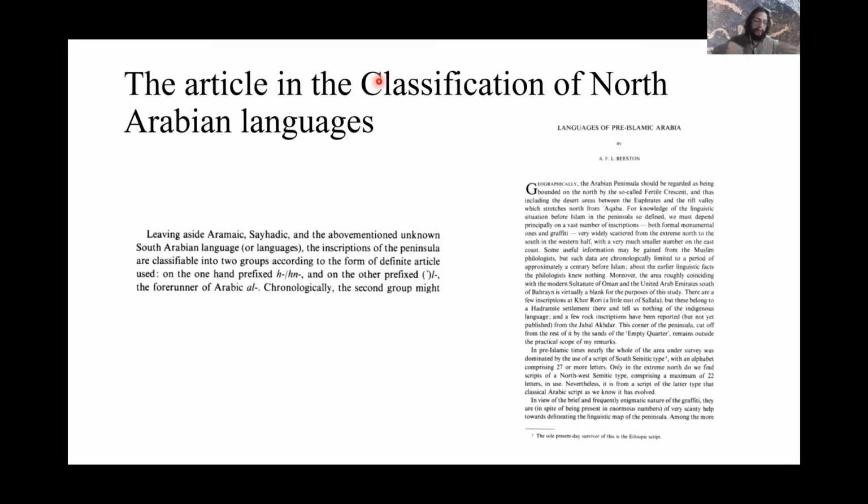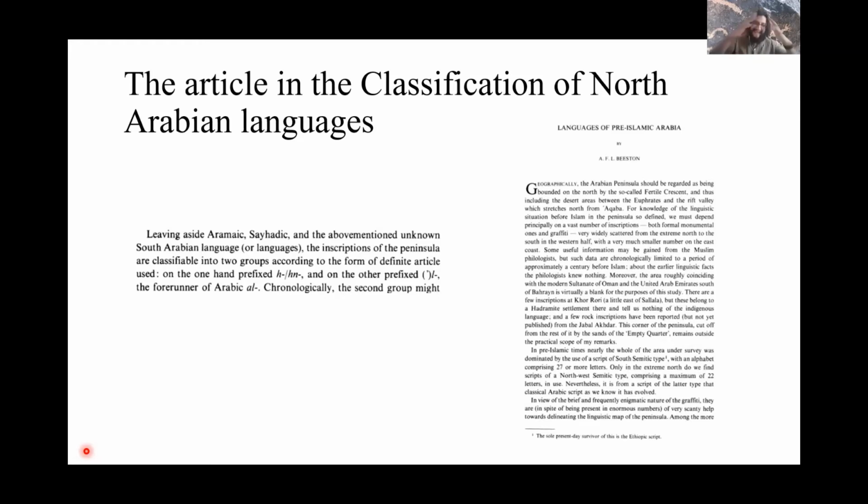So what's curious about this, if we look at the methodology of classification presented by Huehnergard and Rubin, the first thing they say is that the definite article is certainly not reconstructible, and it's not a feature that's going to be very useful for classification, because it's likely either the result of parallel innovation or diffusion. Whereas in the classification of Arabian languages as known from epigraphy, the definite article is the single most important feature, right?